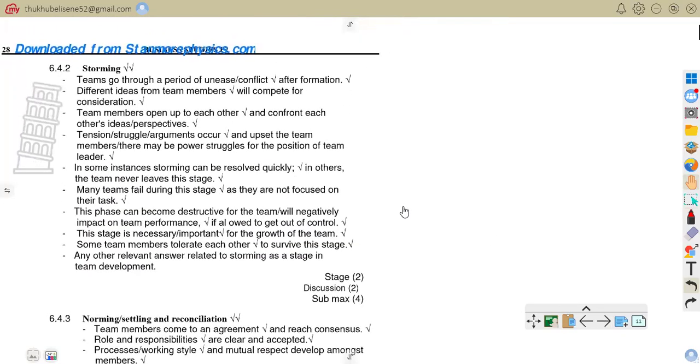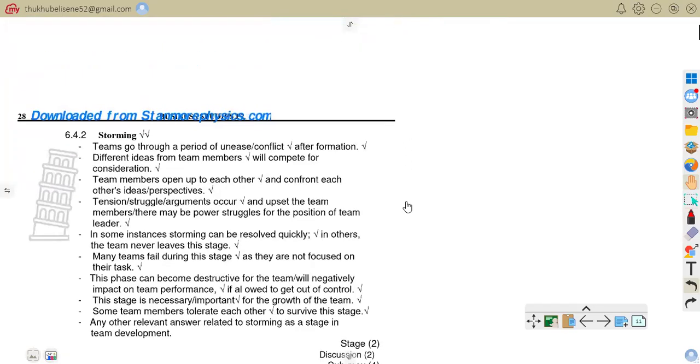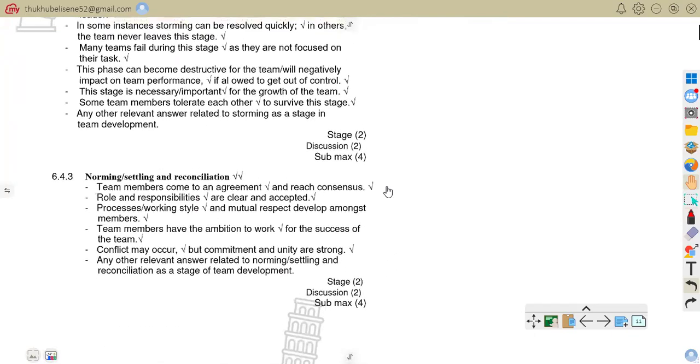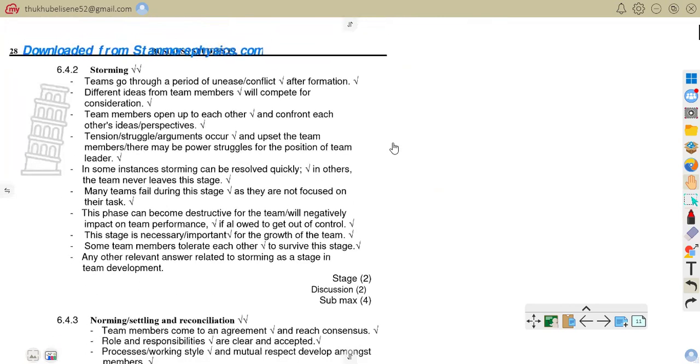So now let us look at the storming stage. Storming stage. Not performing, but storming stage.